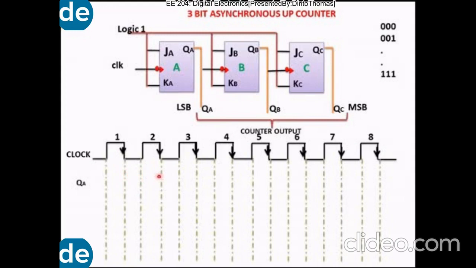Thereafter, it will follow the same condition, that is, it will toggle based on the negative edge of each clock pulse. So it will toggle at 3, and thereafter again toggle from 1 to 0 at 4, and it will be followed through 5, 6, 7, 8.